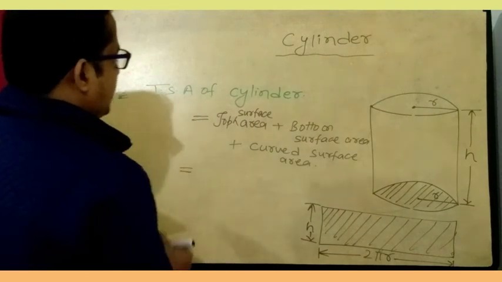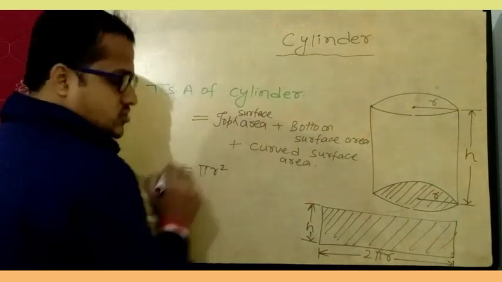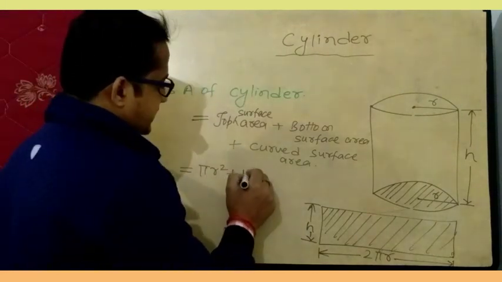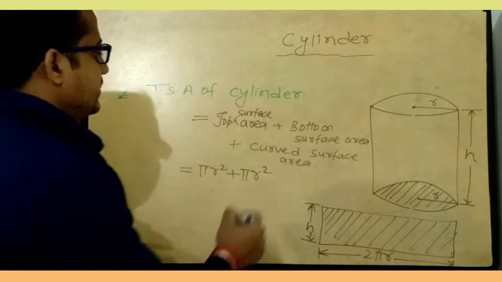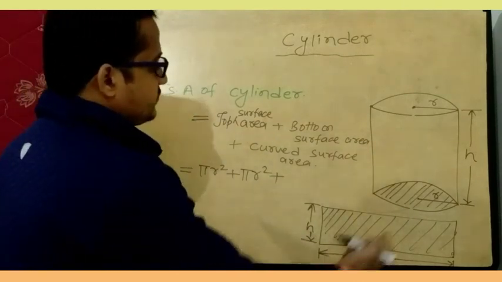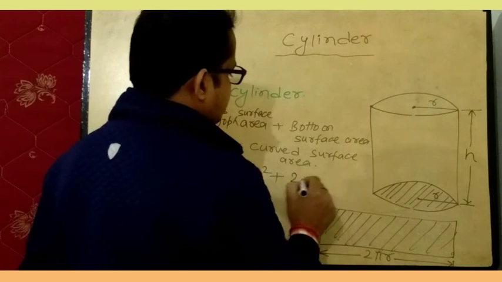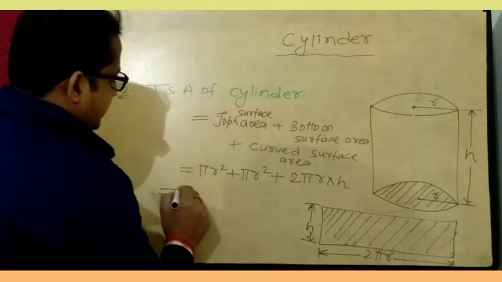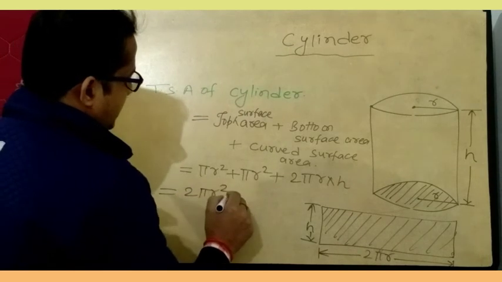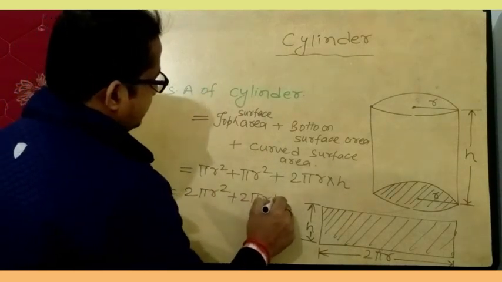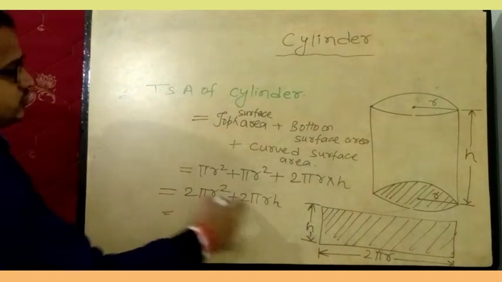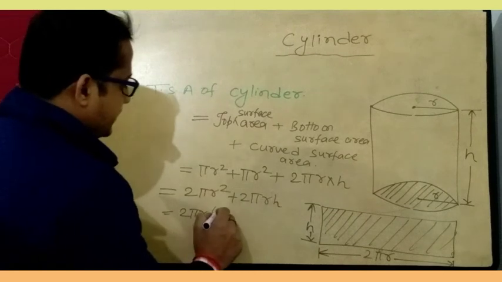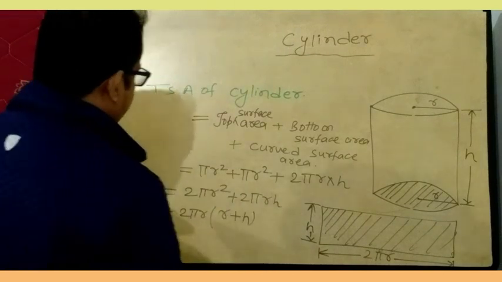Top surface is in the form of a circle, so its area is pi r square. Bottom portion is also a circle, so its area is also pi r square. And this curved surface is a rectangle, so its area is 2 pi r into h. Now solve it: 2 pi r square add up 2 pi r h. 2 pi r is common, so take 2 pi r common and you will get r add up h.